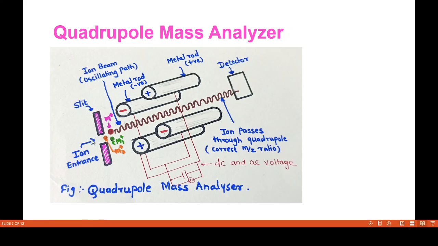The ions enter through this slit, and when the ions enter and DC and RF voltage is applied, an oscillating electrostatic field is developed between these rods, and the heavier ions strike first into the detector. This is the figure of the quadrupole mass analyzer. Its working we see in the next slide. So remember this figure. You have to draw this figure on the page.